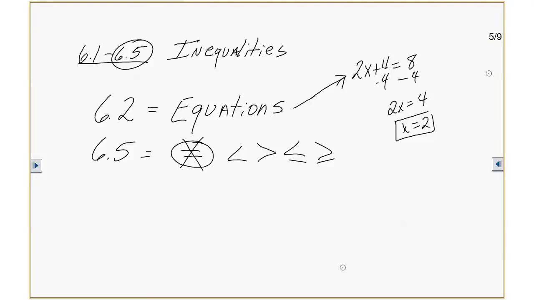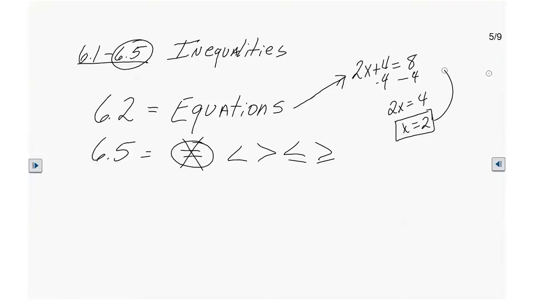Plug it back in and make the equation true. All right, is there any other number that can do that? No. 2 is it. Can't use 3, can't use 4, can't use -5, can't use 100, you can't use 1/2, you can't use 1/3, you can't use -2, you can't use any other number. So 2 is the only number that will make this true.